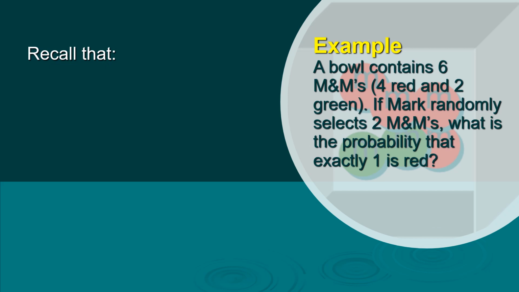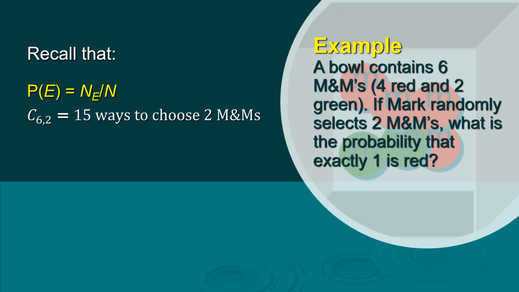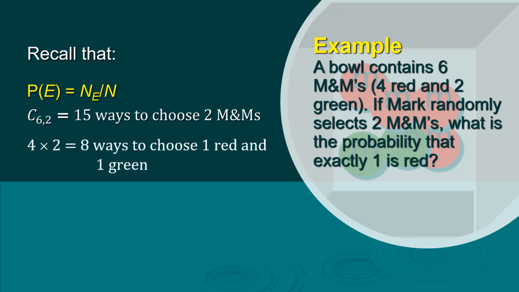Now suppose Mark wants to know the probability that exactly 1 is red. Recall that the formula of the probability P of E is equal to n(E) over n(S), and we had already computed the values of 15 ways or total outcomes of choosing 2 M&Ms, and 8 ways of choosing 1 red and 1 green, meaning for the event to be exactly 1 red, the number of outcomes n(E) is 8, while the total number of outcomes n is 15.